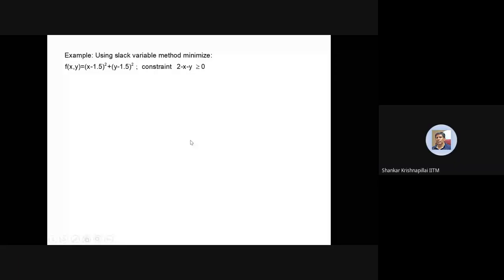Okay, so last class we were looking at this example. That's how we use the slack variable method to solve this particular problem.